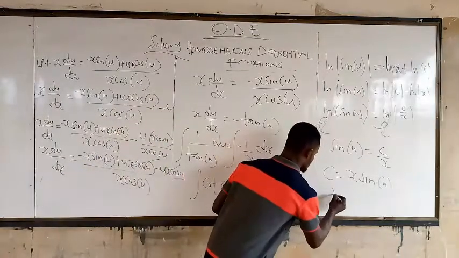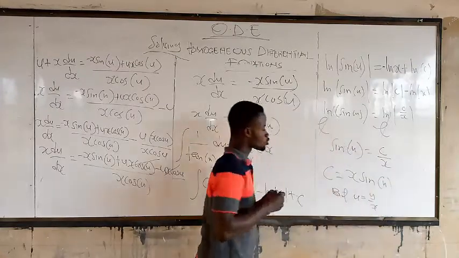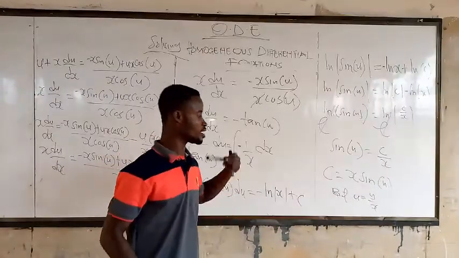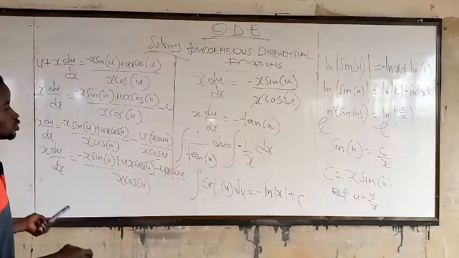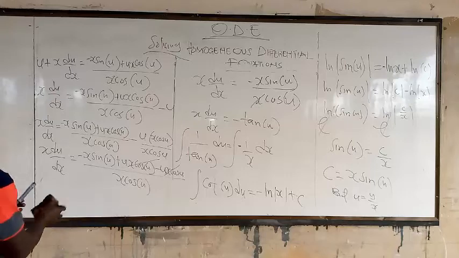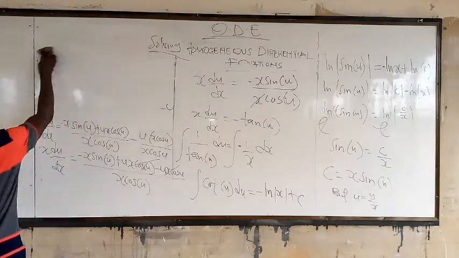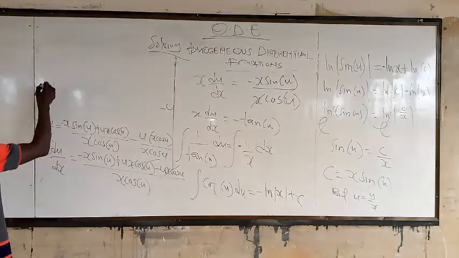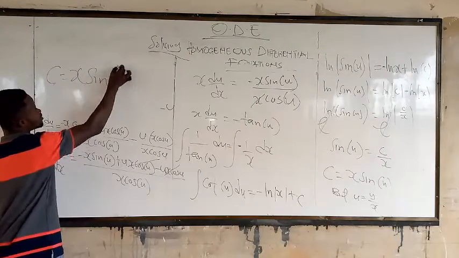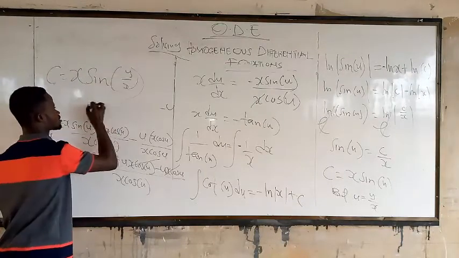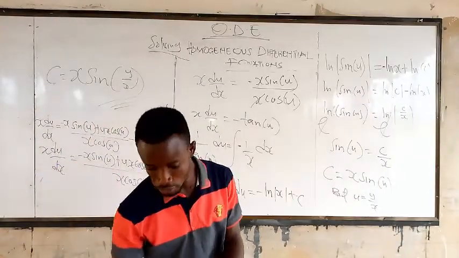So wherever you see u, put y over x there, and that is the final thing to do. Alright, so you can write that here. Finally, we get c is equal to x sine y over x. So this is our general solution.